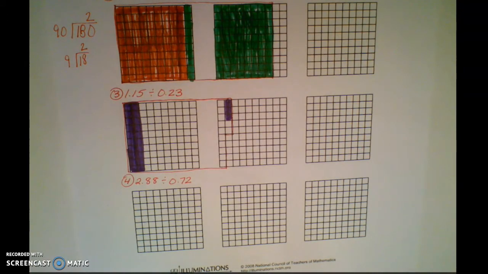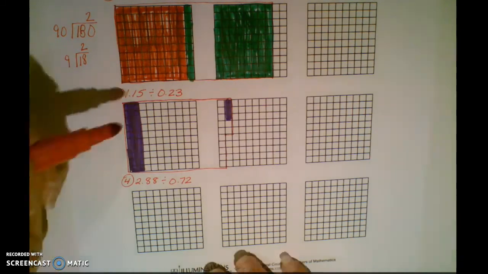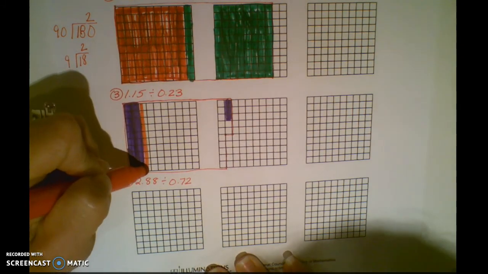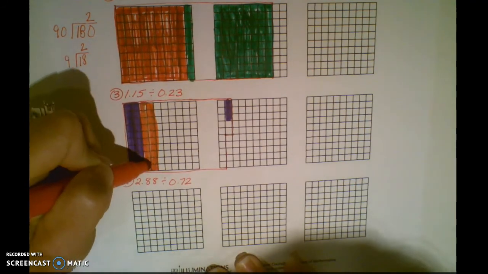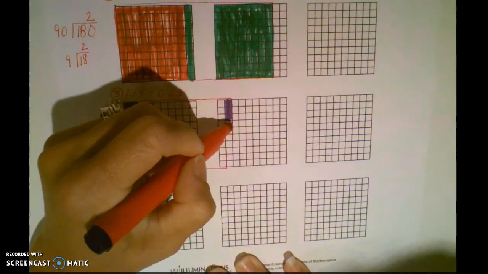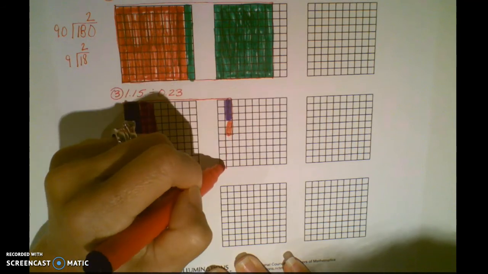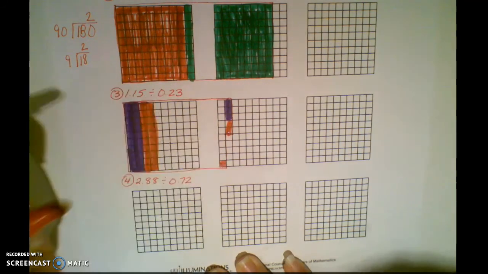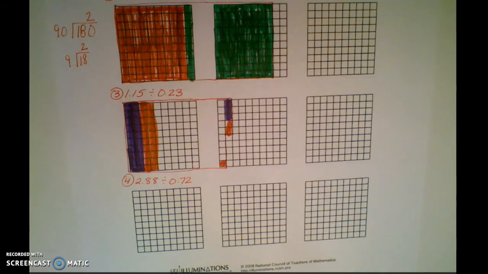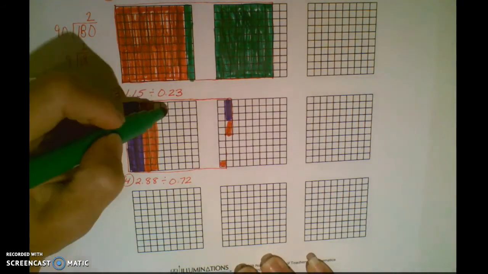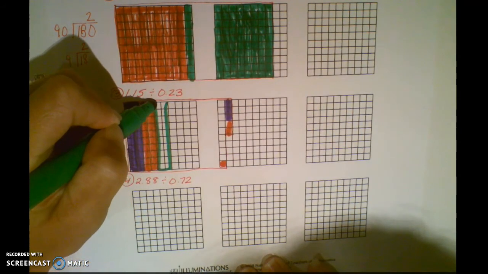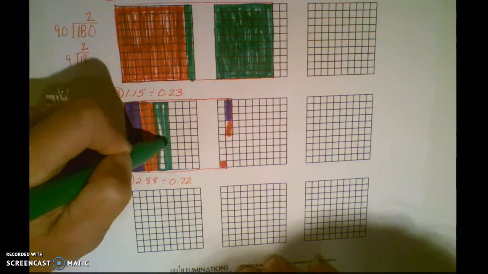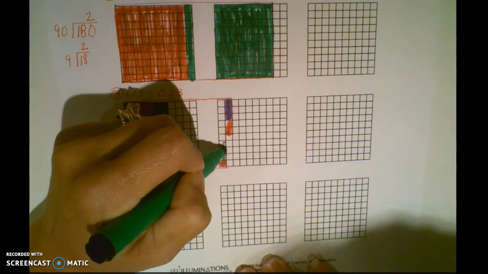All right. Next, I'm going to pick another color, and I'm going to shade in another 23 hundredths because I think it'll fit. So here we go. We got my 20 here and 3 right there. All right. I'm going to do it again. 23 hundredths. Here's my 20, and another 3.